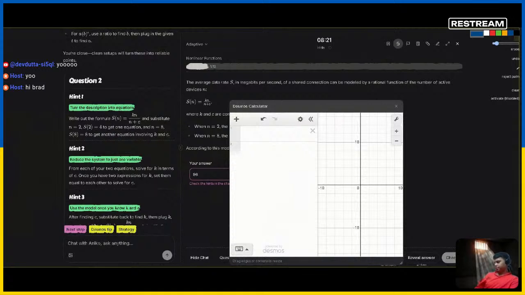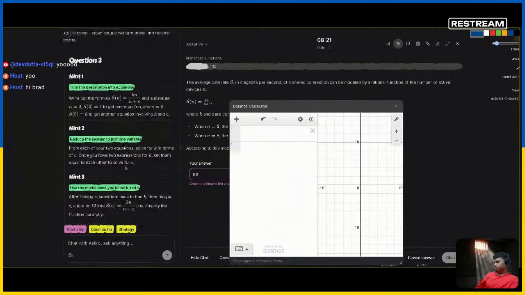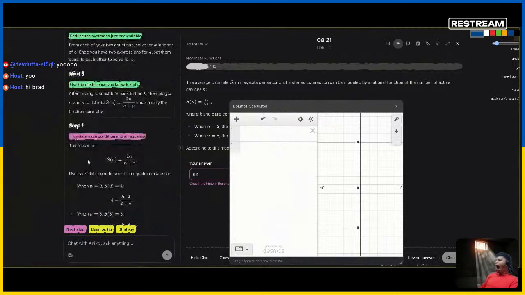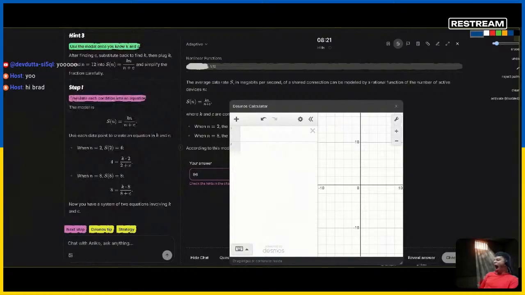Once you have two expressions of k, solve for c. After finding c, substitute back to find k, and plug k and c in and n equal to 12. The model is this.